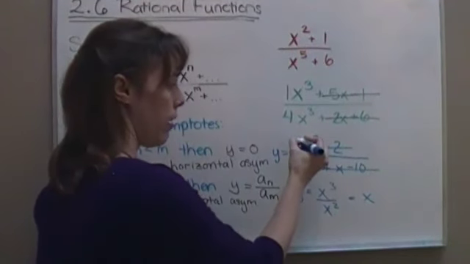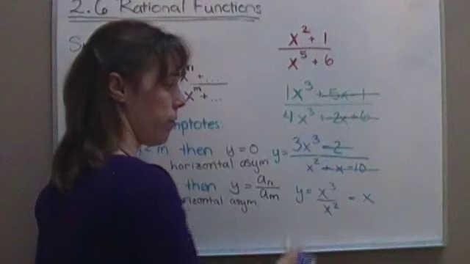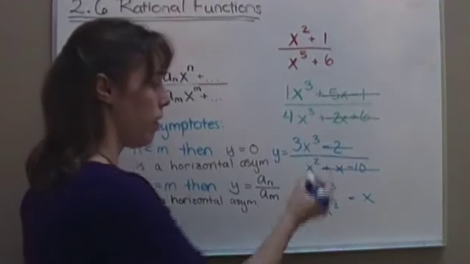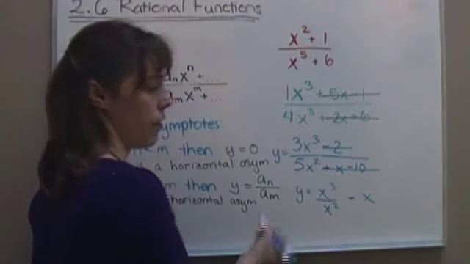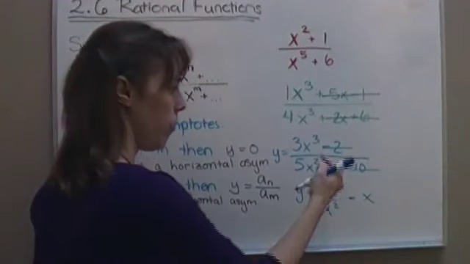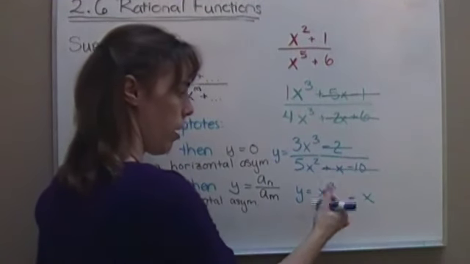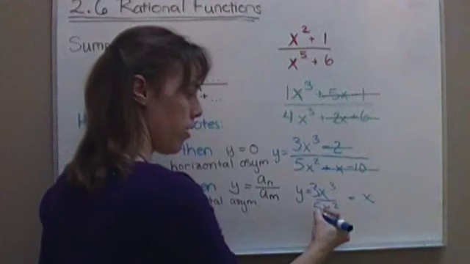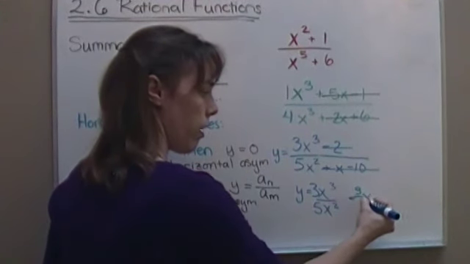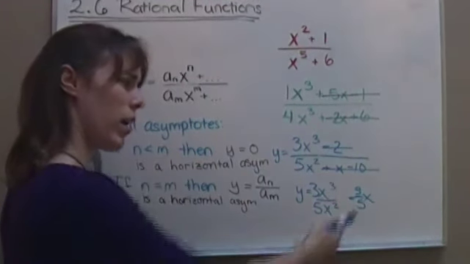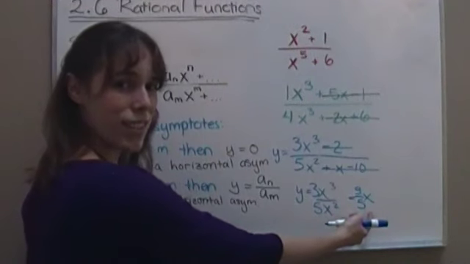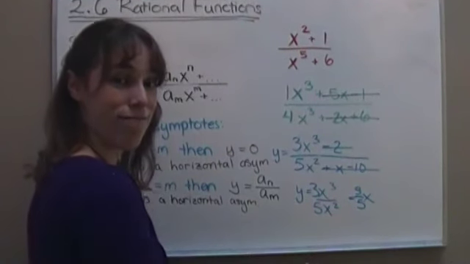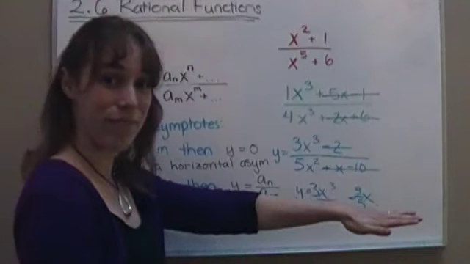What if I had a 3 here and a 5 here? Well then, I don't care about those, I reduce this and I get 3 over 5 x. What kind of function is this? It's a line, right? And it's not a horizontal line.